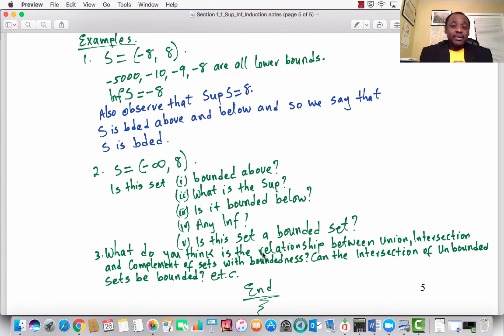And remember, we are still looking at some tools for analysis. We haven't started real analysis yet. We're just looking at some tools that we would use. And so some of the tools we have seen here are the idea of boundedness, the completeness axiom, infimum, supremum. We've also seen the tool known as mathematical induction.